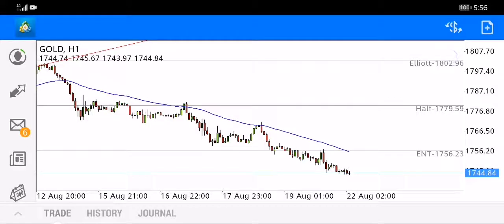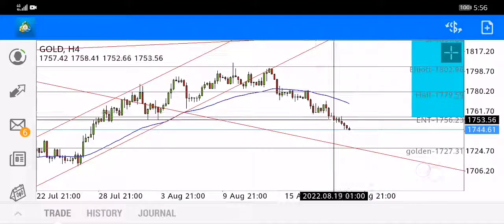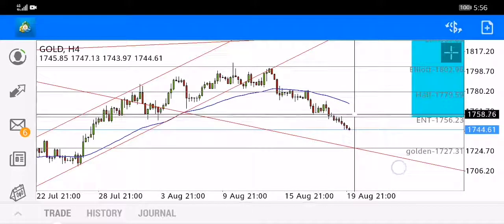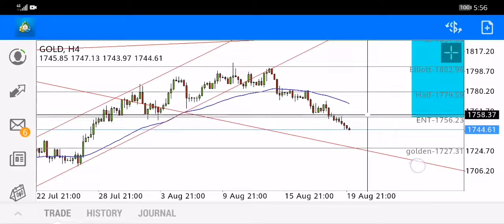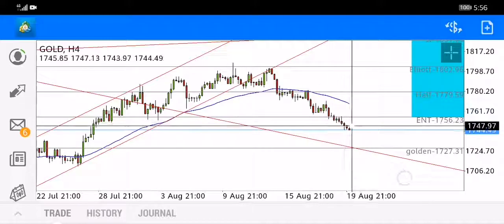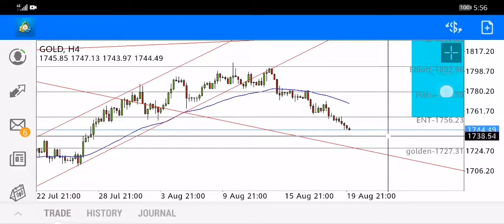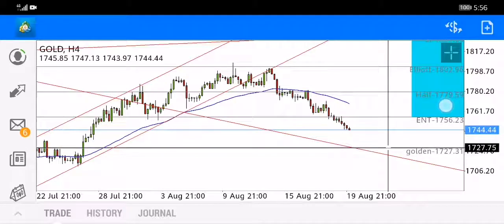If you are a buyer, I suggest that unless the market makes an H4 candle above the 1756 area, you cannot take any buying opportunity. And unless the market is holding below the 1756 area, this sluggish slow movement pushes the price toward the 1727 level very easily in the upcoming days.